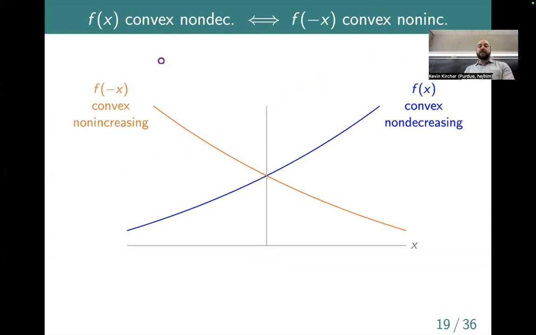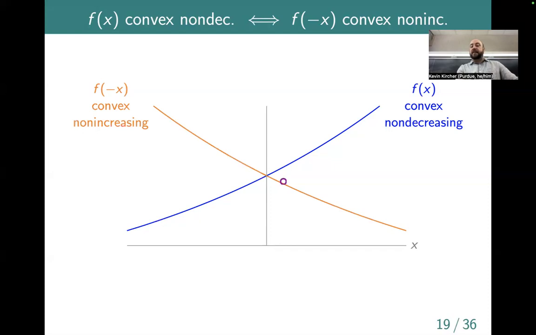Another useful property: if you have a function f that is convex and non-decreasing, which by the way will show up, convex non-decreasing functions are functions that we can stick another convex function into, and the composition remains convex. If we have one of these convex and non-decreasing functions and we take f of negative x rather than f of x, we flip it, mirroring it over the y-axis.